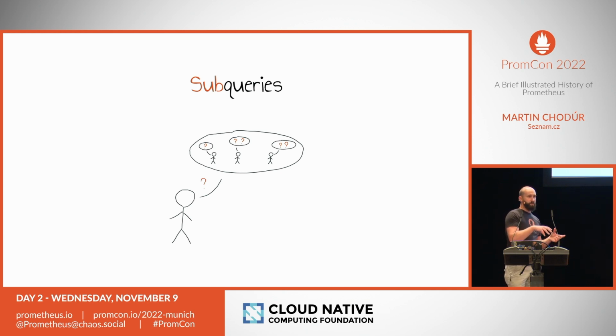So if you wanted to do this, you needed to create a recording rule, wait for the data to record, and then you could use it in PromQL. And it was a lot of work, and it was slow iteration on those things. So subqueries came, and it made it way easier, and PromQL a really strong query language.